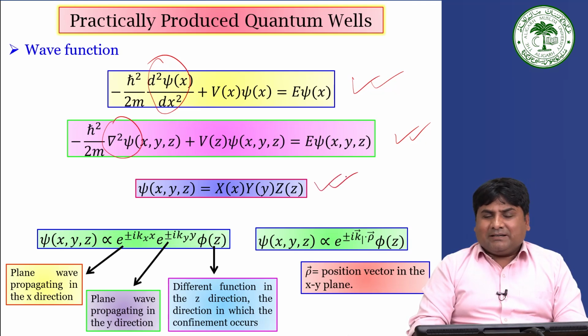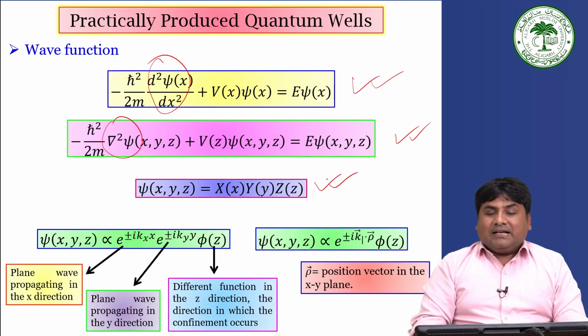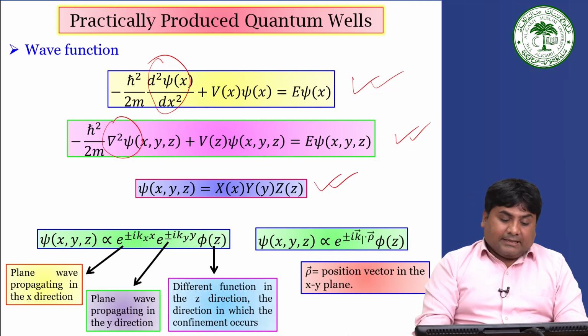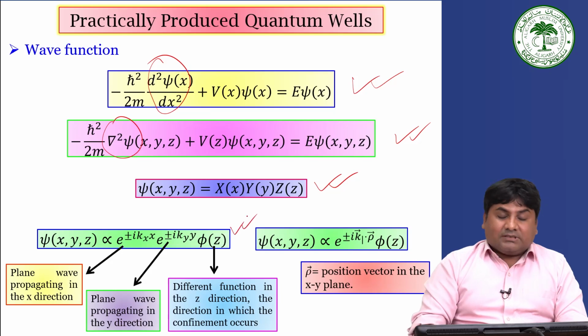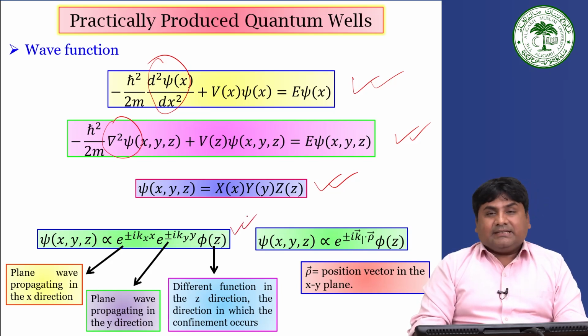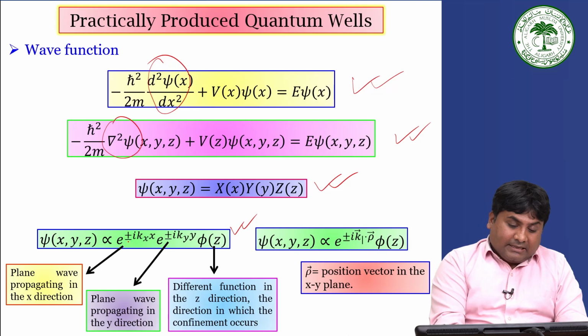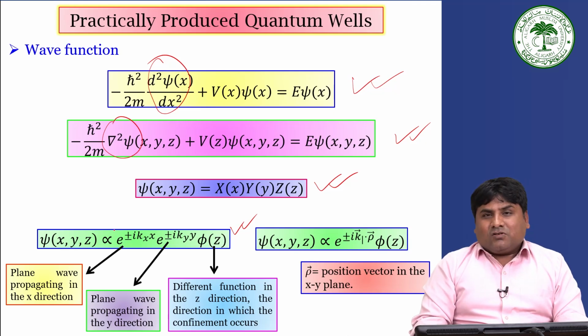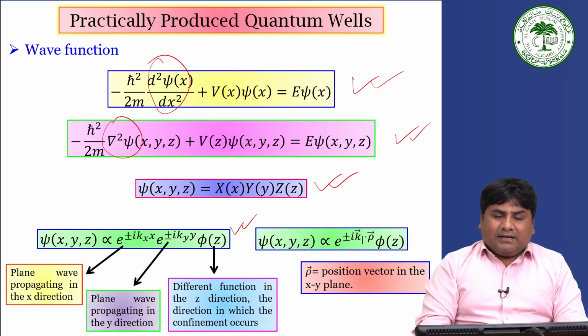When you apply the method of separation of variables, you get separate wave functions, and the wave function you get is psi(x,y,z) proportional to e to the power plus minus i k_x x, times e to the power plus minus i k_y y, times phi(z). Here your electron is confined in the z direction, but it can freely move in the xy plane.